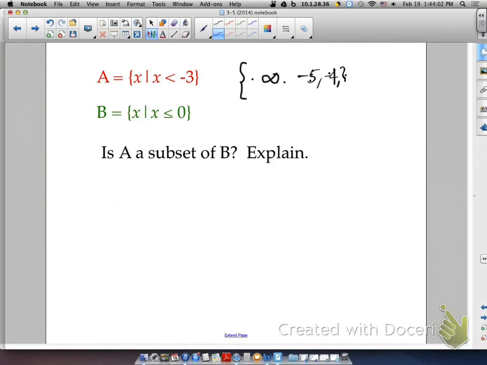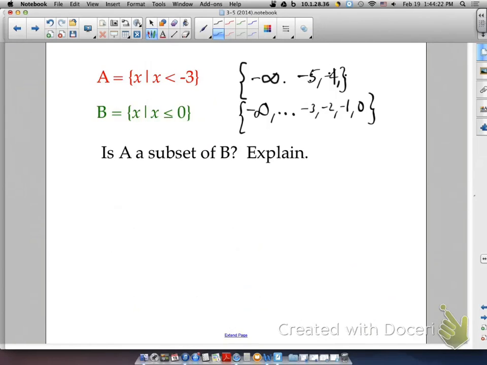And then what would set B be? It would be anything from negative infinity to -3, -2, -1, including 0.